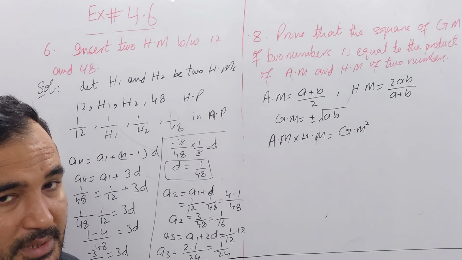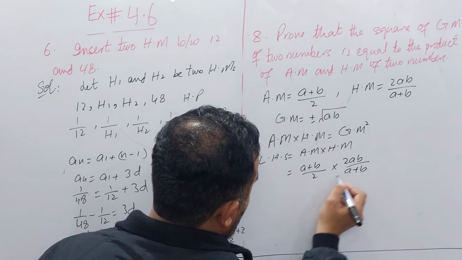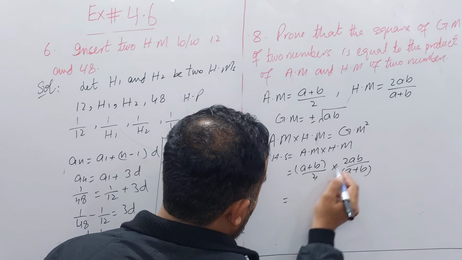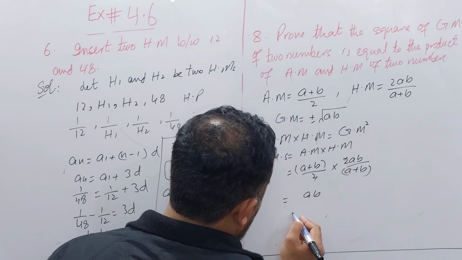So we will take the left hand side, which is equal to arithmetic mean multiplied by harmonic mean. Arithmetic mean is equal to a plus b divided by 2, and harmonic mean is 2ab divided by a plus b, right? So we can cancel these two, and 2 with 2, and we will get ab.